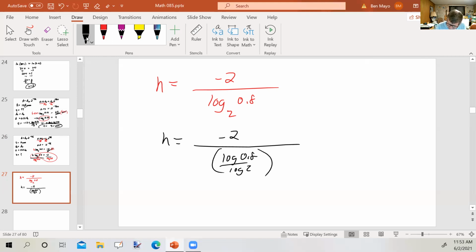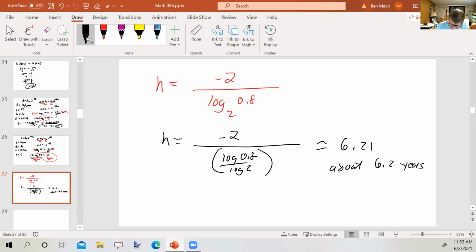So in my calculator, I'm going to put in negative 2 divided by parentheses log of 0.8, close up that parentheses, divided by log of 2, close up that parentheses, close up the whole thing, and I get 6.21. And they say about 6.2 years.